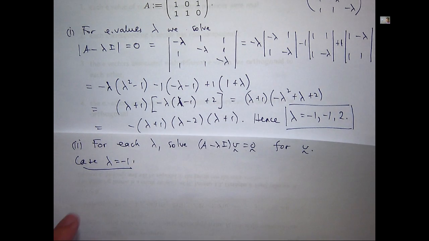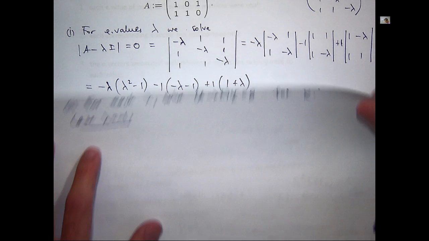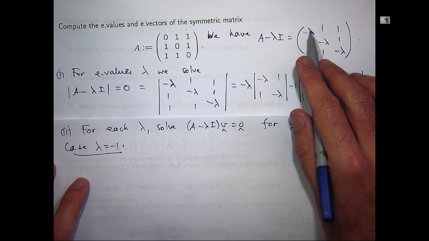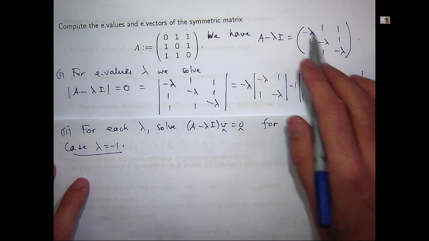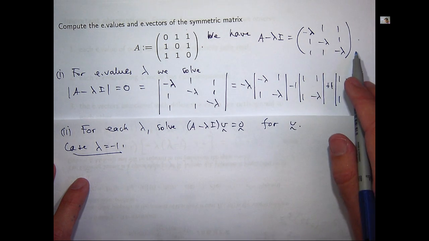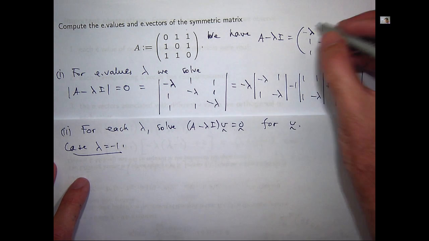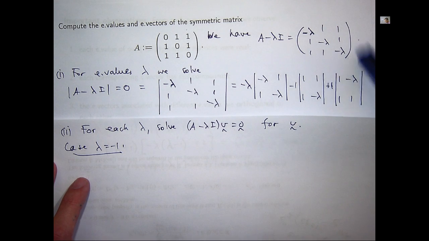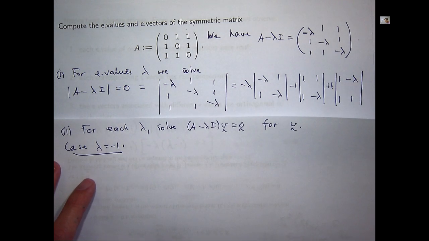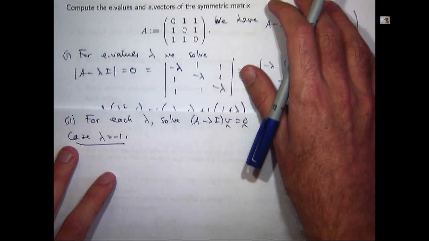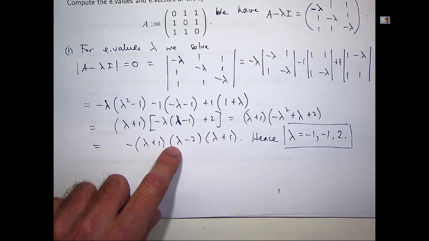Well, when lambda equals minus 1, I'll just get a diagonal of positive ones here. So I get a matrix that just involves positive ones everywhere. So we're going to get 3 equations that tell us the same thing.